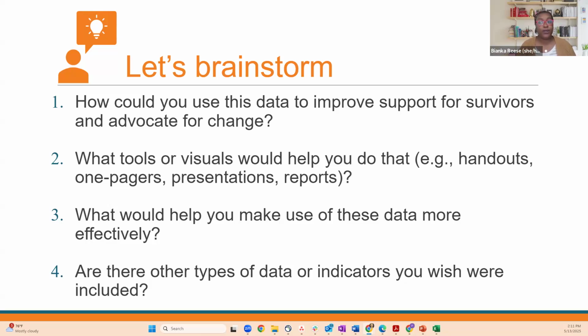Any other ways that you could use this data to improve your support for survivors or to advocate for change in your community?